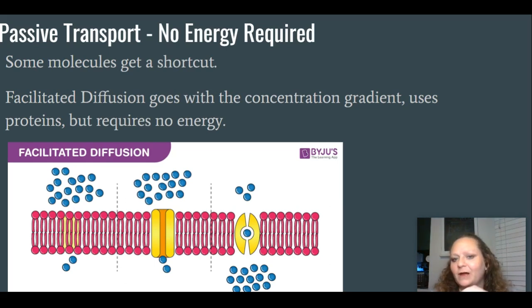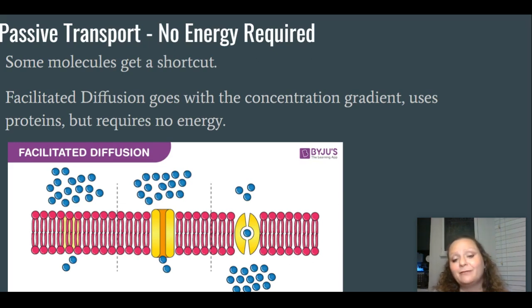You might also find things that are too large, may not be able to move through. So in this case, the cell wants them to move through, but they may not be able to do so on their own. And so we're going to end up using one of those transport proteins that we saw on the fluid mosaic model that I showed you in the very beginning.